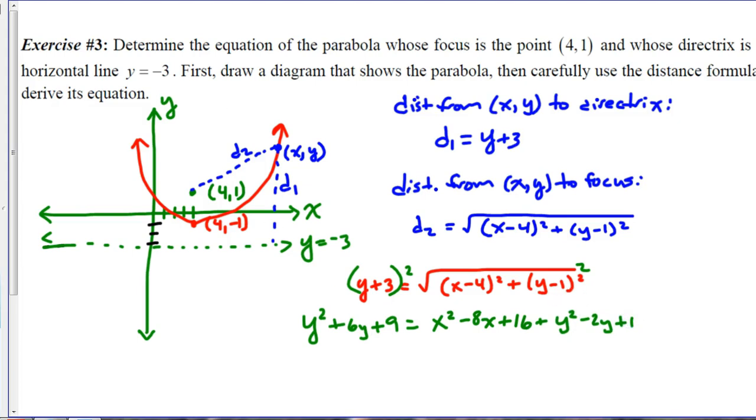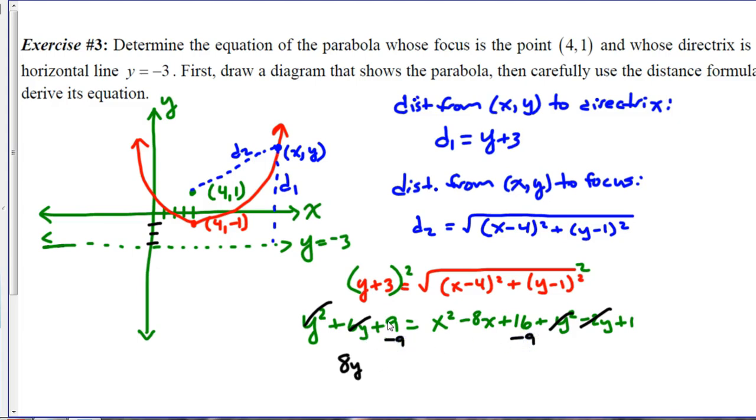All right. At this point, we have to clean up all the algebra. So I see a y squared that adds to 0 on both sides. I can subtract y squared on both sides. I see a 2y that I want to add to the left side. That gives me 8y. Okay, so that's out of there. I see a 9 I want to subtract from both sides, so I'll subtract that here and here.